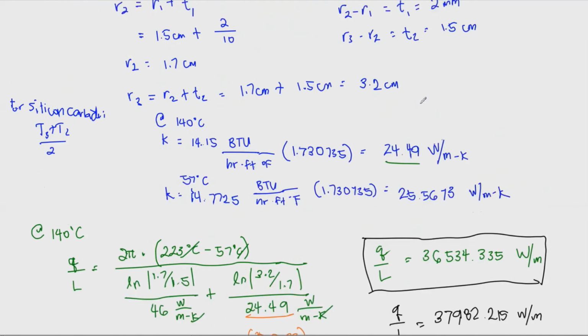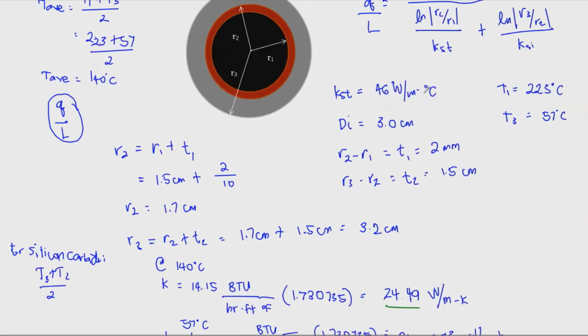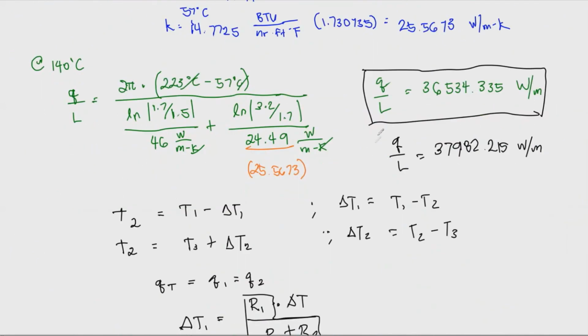If we're only asked with Q over L, your answer is actually still correct, or could have been just 1 point less than the most number of points that you will get, since there's not really much big difference, since the values of K are actually a lot closer to each other.